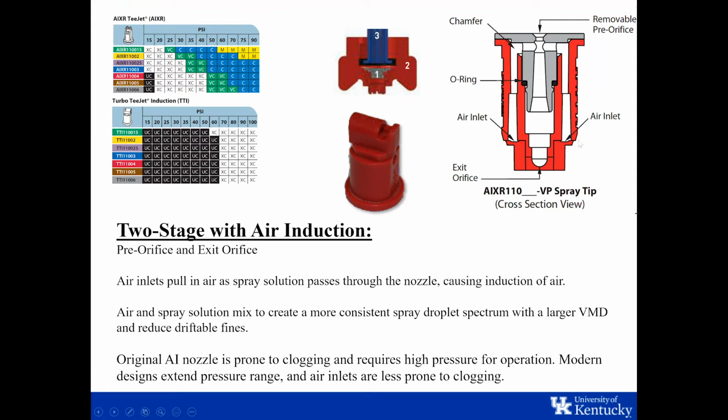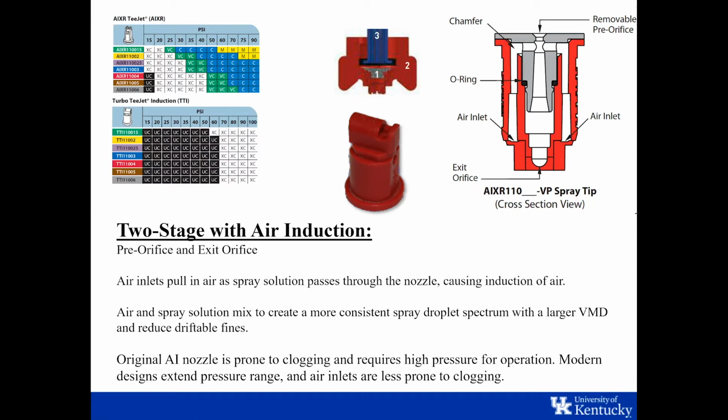But between those two orifices, you have air inlets that pull in air and mix the air with the spray mixture before it goes out that exit orifice. And you get these air-filled droplets, or these very large droplets that come out of that nozzle, ultimately because of that air induction technology. So these are great nozzles, and often they are promoted for their potential to produce very large droplets that are less prone to drift, right?